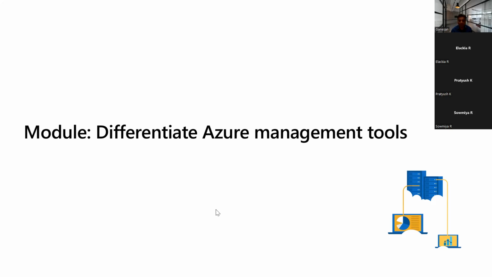If I migrate everything to the cloud, then I have some ERP, IT department, HR department, finance department, each department having their own software. How do I manage? How do I maintain? Each department having separate administrators, separate support people, right?